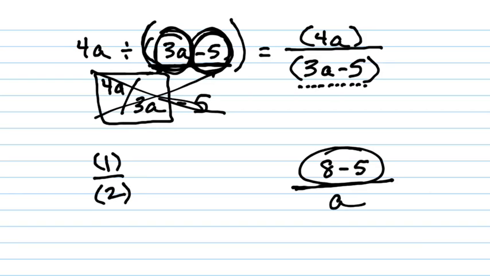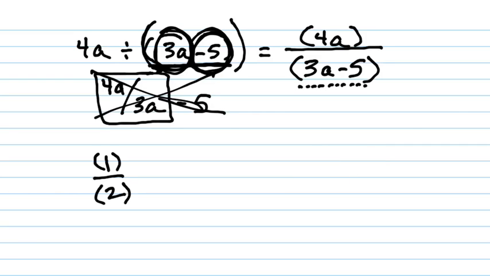So if there's any math you can do in the top or in the bottom, the numerator or denominator, you have to do that first. Let's change that to a 2, just so I can demonstrate this a little better. So say we have 8 minus 5, all divided by 2.